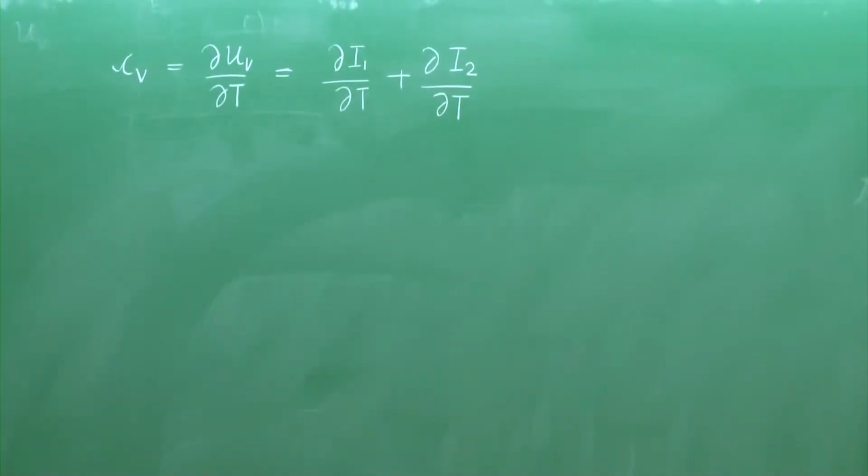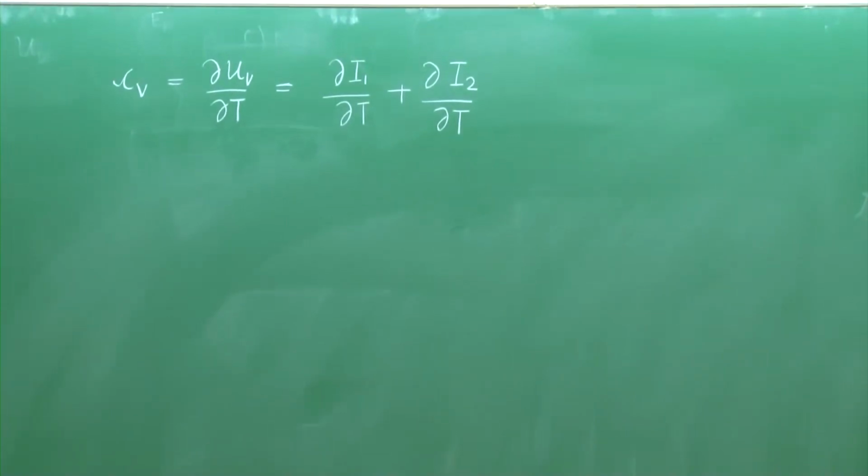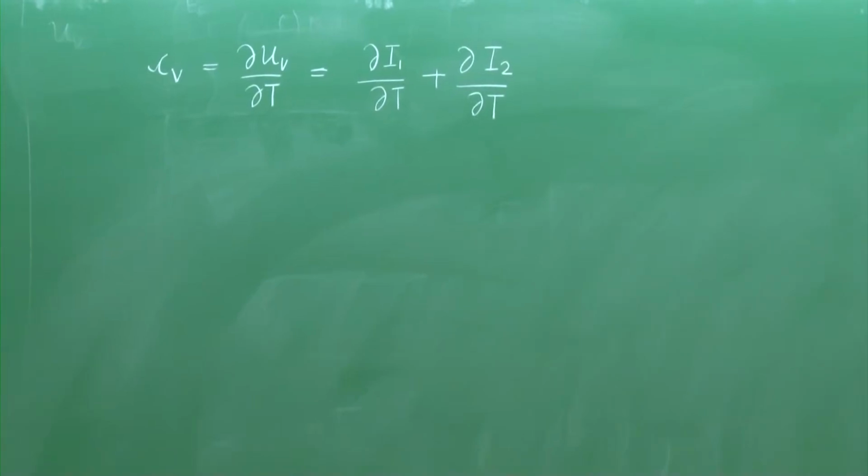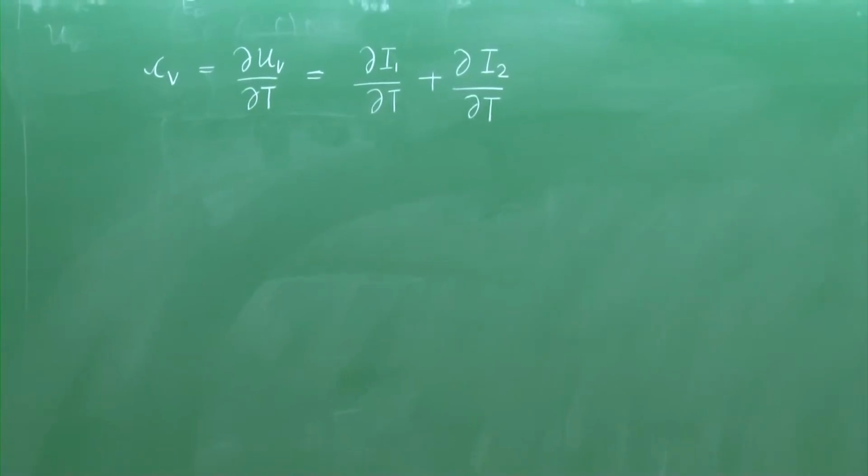Okay, and in I1 you have 1 minus F. So when you take the partial derivative of it, that one term will vanish, will disappear. So you will get only del F del T, because F is the only function which is temperature dependent. Density of states are not temperature dependent, they are static, they are frozen in, right.